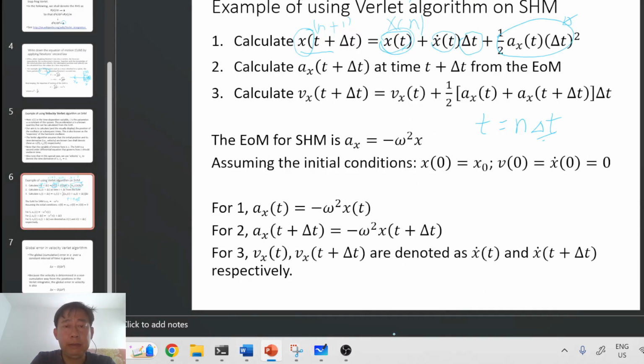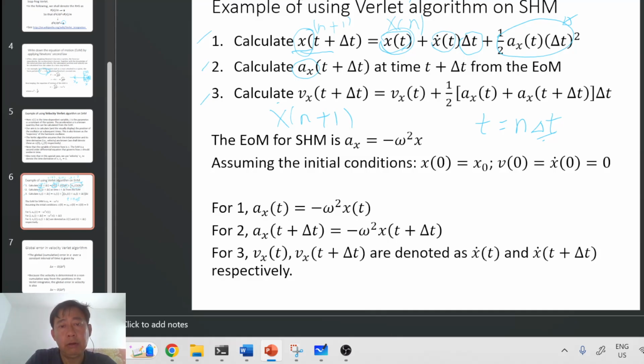Once you have calculated the location of x at the next time step, then the next step to do is to calculate the acceleration at the next time step, which could also be easily obtained from the equation of motion. Once the x at the next time step and the acceleration at the next time step are calculated, then you calculate the velocity of the particle, which is the x dot at the next time step.